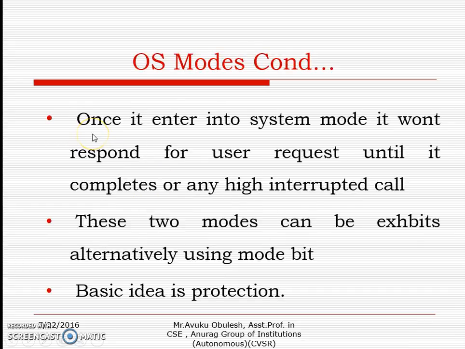Once the operating system has entered system mode or kernel mode, then it cannot accept user requests. These two modes are executed alternately in any program execution. These two modes are distinguished by using a mode bit. The basic idea of this mode is protection.